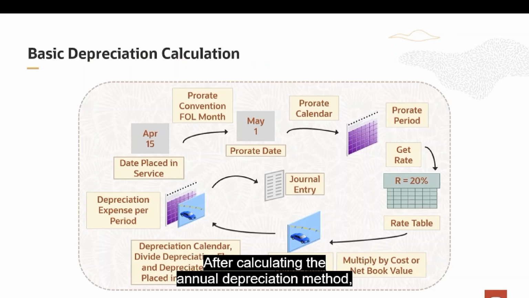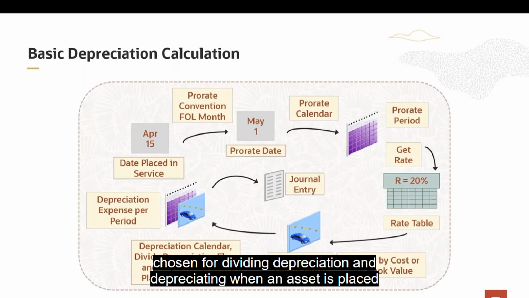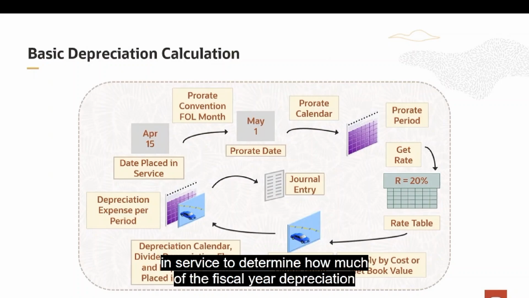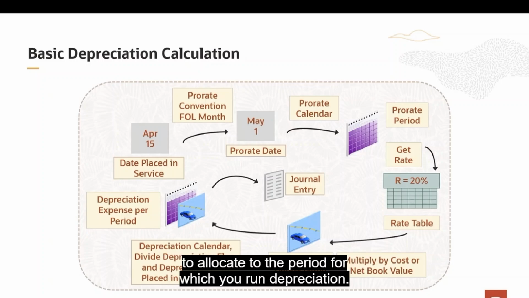After calculating the annual depreciation amount, Asset uses the depreciation calendar and the options chosen for dividing depreciation and depreciating when an asset is placed in service to determine how much of the fiscal year depreciation to allocate to the period for which you ran depreciation.